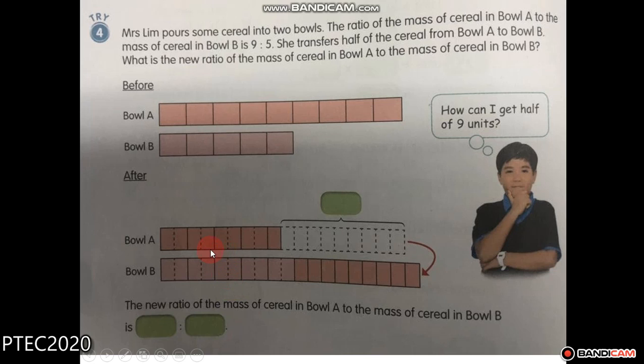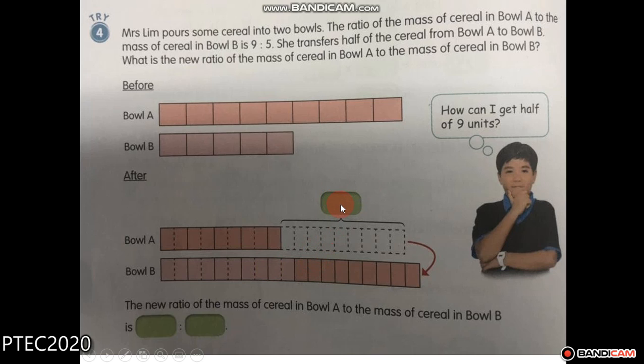Then now you can see how many units are in bowl A. Totally we had 18, but we already took away 9. So there's only 9 in bowl A. And in bowl B, previously we had 10, and now we transfer 9 from bowl A. So 10 plus 9 would be 19.